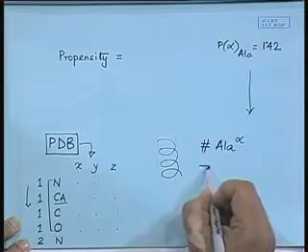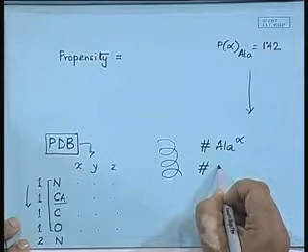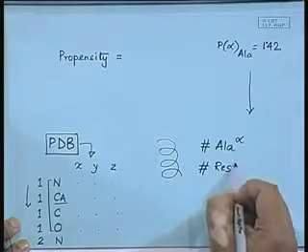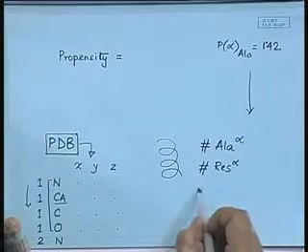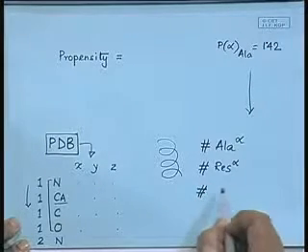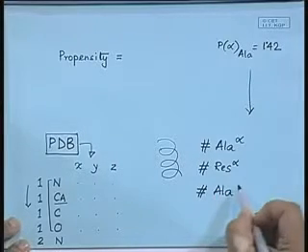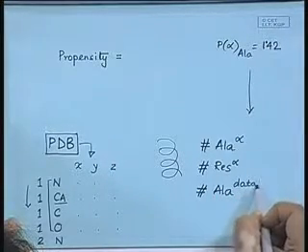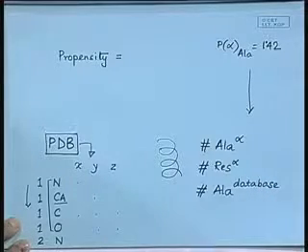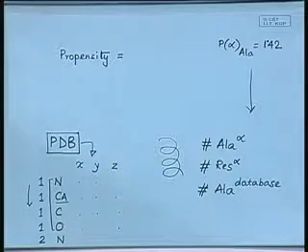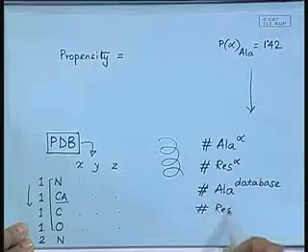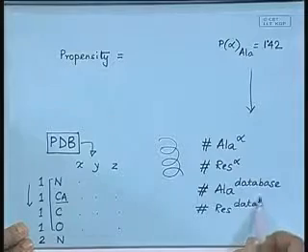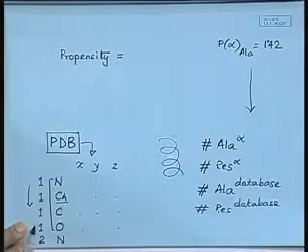You count the number of residues in the alpha helix, all the residues that are there in alpha helix only. Then you count the number of alanine in the database, including the ones in the alpha helix. So you calculate all the alanines that are there. You calculate the number of residues that are there in the database, whichever database you are using.